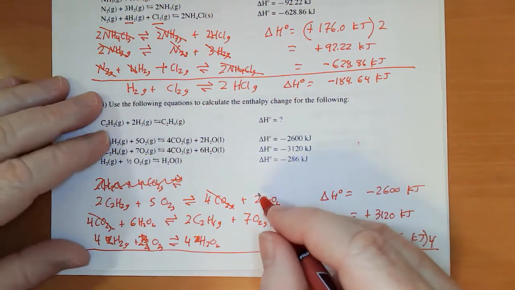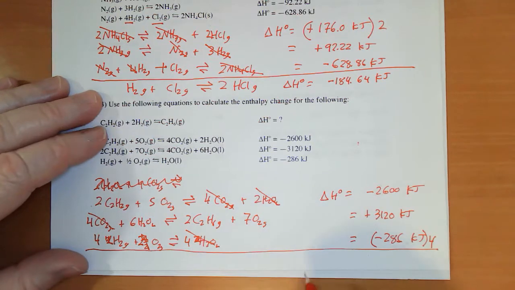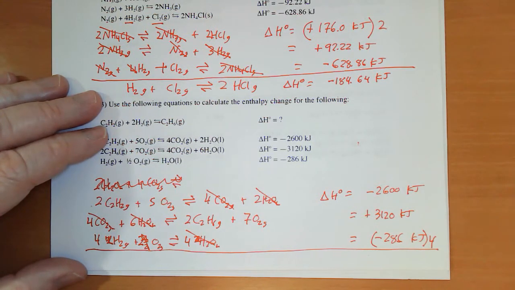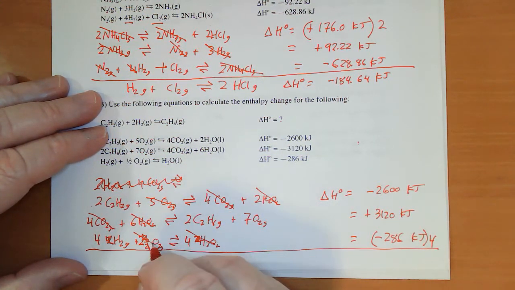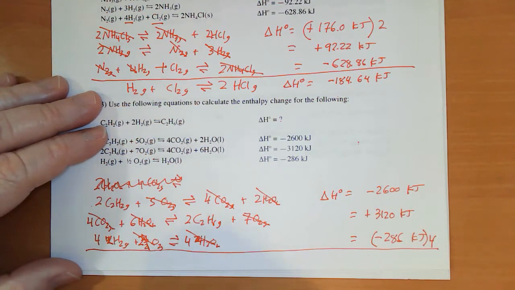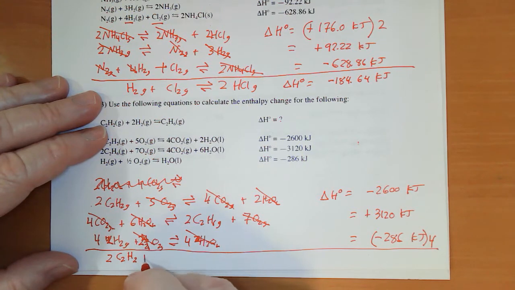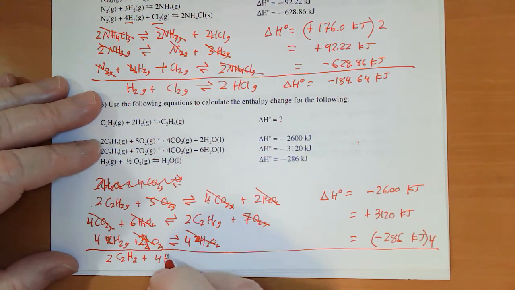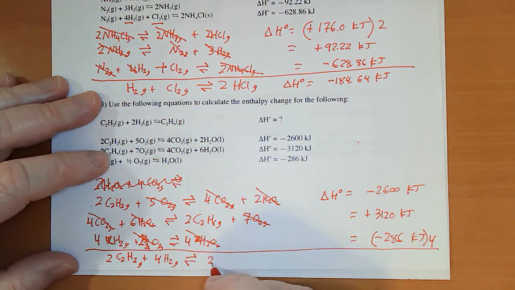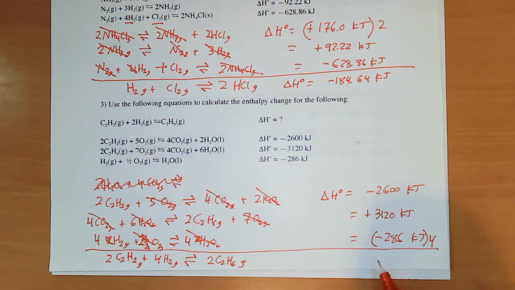Now it'll work out. The 2 H2Os and the 4 H2Os make 6, which cancel those 6 there. Okay, so that's good. Now these 5 O2s plus 2 O2s make 7, which cancels those 7. What that leaves me with is 2 C2H2 plus 4 H2, both of those as gases, to give me 2 C2H6 gas. So what I'm going to do is just divide that whole thing by 2.